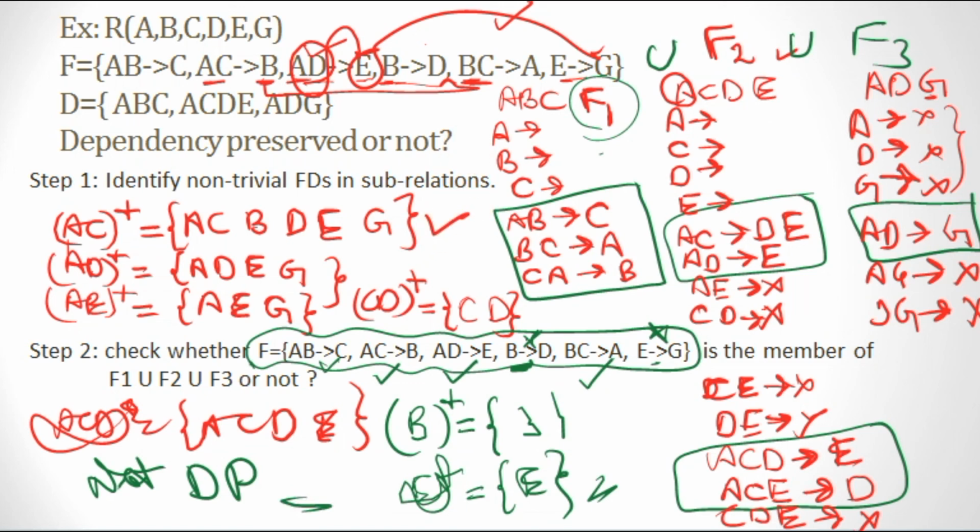Fine. The one thing to notice here is that if you have two attributes A and C on the left side, then it can determine only those attributes which are not present on the left side of this functional dependency.